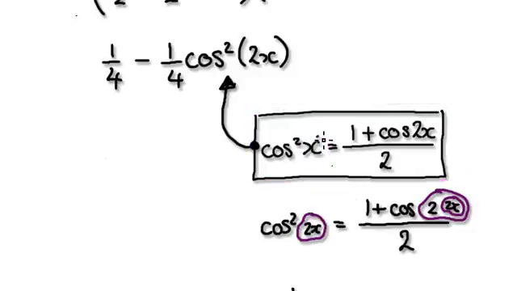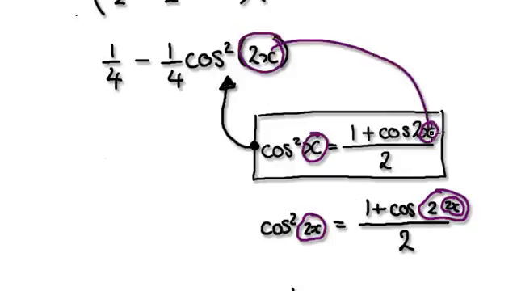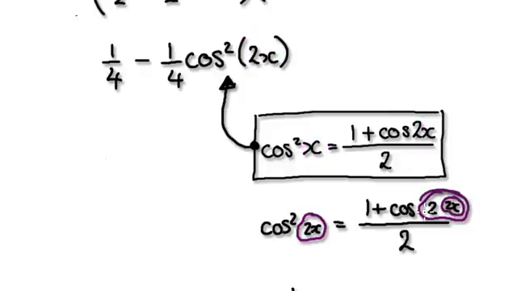At the moment we've got a bubble here and a bubble here. If you put this bubble into here, it will be 2 on the outside, and in this small bubble here you're going to have the 2x itself. Just bear that in mind. So this whole thing here will become 4x.